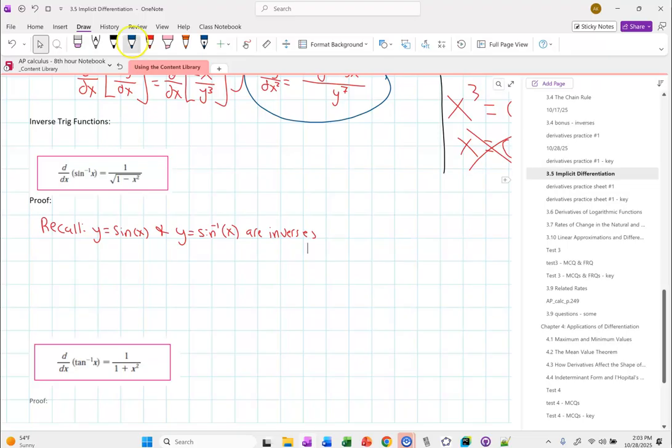So if this is like my f and this is like my g, I can say that the derivative of sine inverse of x is equal to 1 over cosine of sine inverse x. Is everybody okay with what I did there?